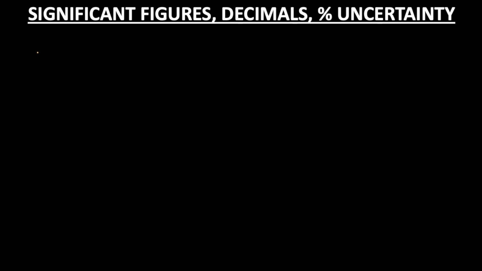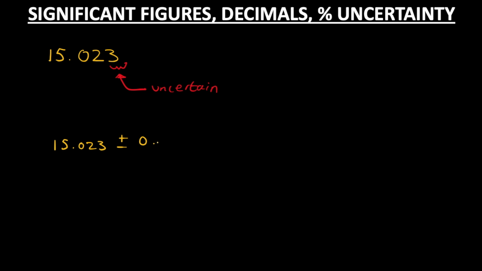You might be wondering, how do I calculate the percent uncertainty for the value that I get at the end? Now let's say you go through a multiplication or addition, or whatever equation it is that they give you, and you finish off with the answer of 15.023. As from the thumbnail of this video, you might have seen that the last number is the number of which we are uncertain. So that means that for this scenario, you would have 15.023 plus minus 0.001.